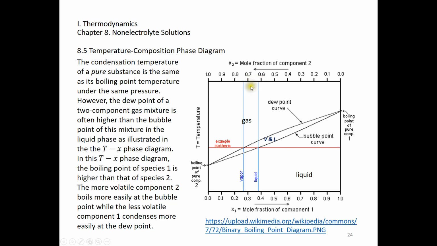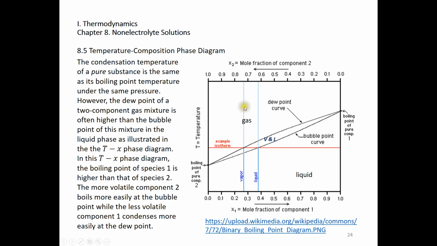So it's doable. We can enrich component 2 by heating up the liquid mixture all the way to the bubble point curve, and at that point we collect the very small amount of the gas phase. In the gas phase, we have 0.73 as the mole fraction of component 2. It's definitely higher than 0.62.